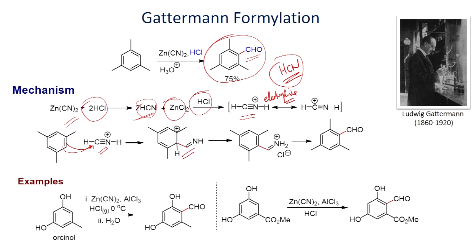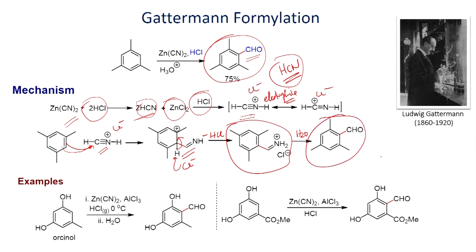cation. Once you form this one, cleavage of this carbon hydrogen bond. So, you can write like this when you use Cl minus. So, you will lose a proton, which can convert into the salt. Once you form the salt, when you do the hydrolysis, it can convert into aldehyde as a product.